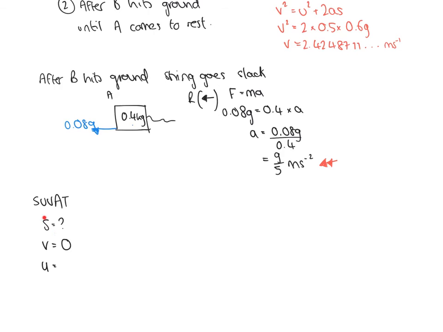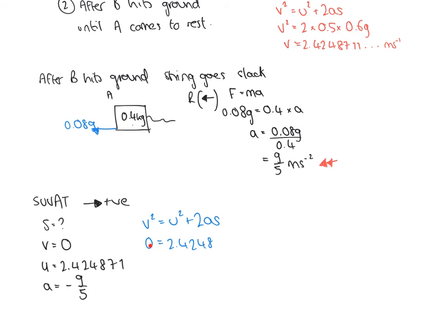So s is the thing we want to work out. We know we want to get to the point where it stops moving. Initial velocity, so we're just looking at SUVAT here for after B has hit the ground. We're calling right positive, therefore this acceleration is negative because the acceleration is to the left. v squared is u squared plus 2as.